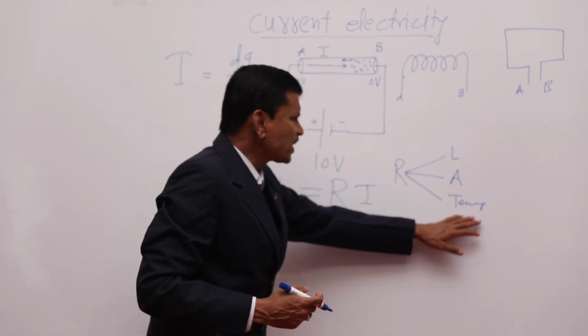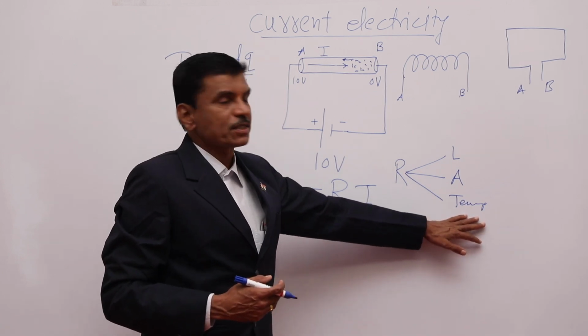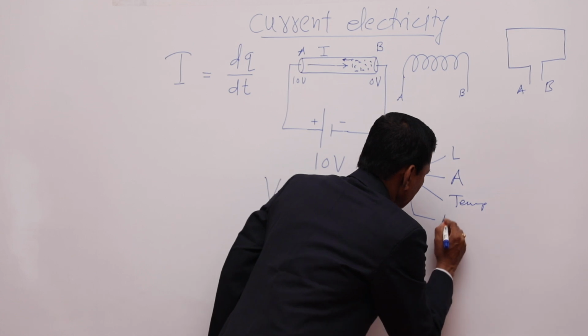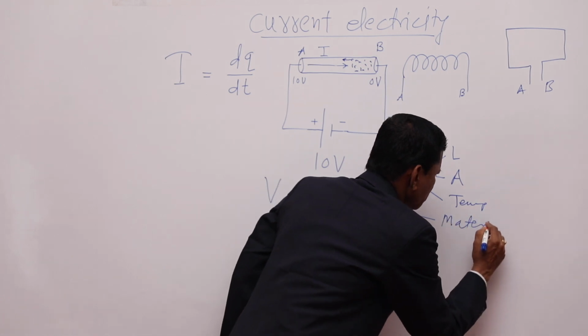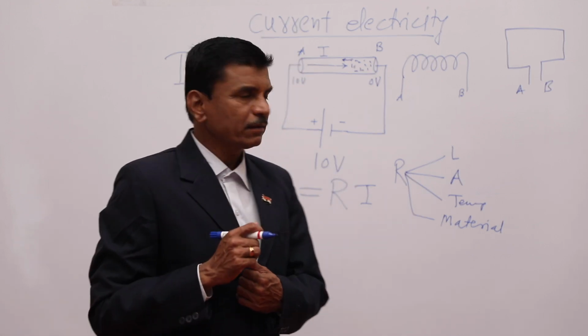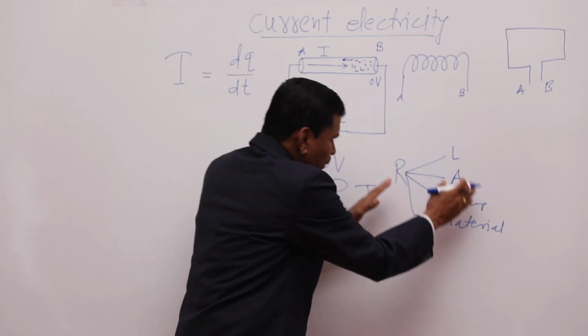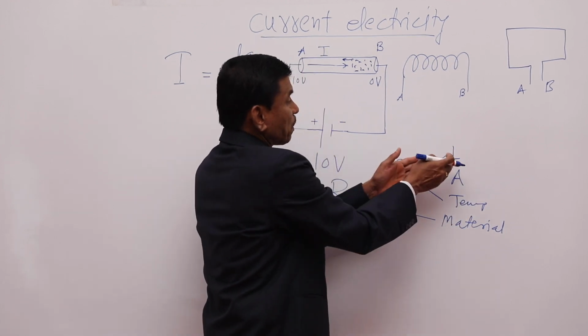So resistance increases for a conductor as temperature increases. And the fourth point is material. There are three types of material: good conductor, bad conductor and semiconductor. We are studying conductors here. Okay, so these are the four factors on which resistance depends.